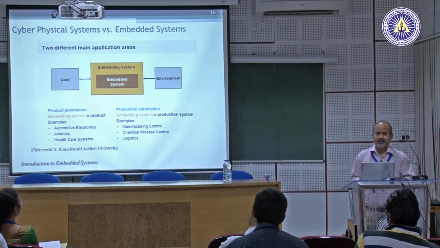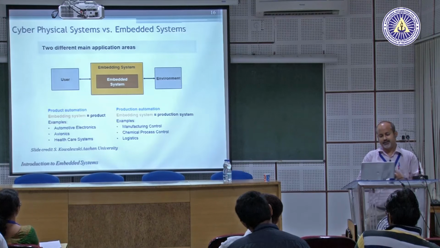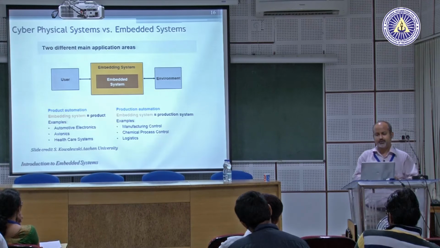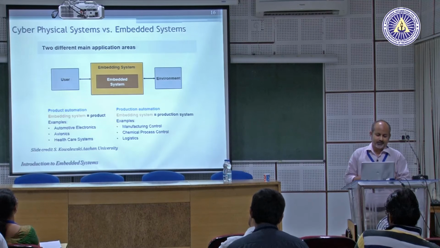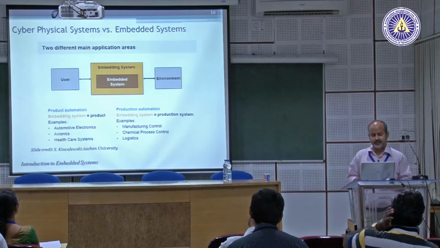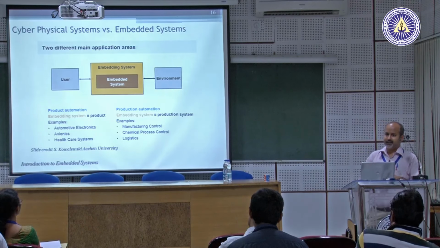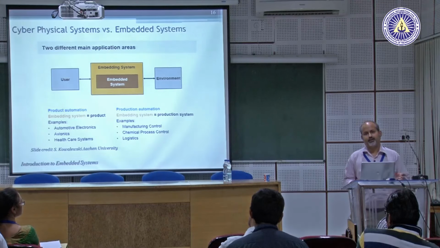So there have to be sensors sending data to a controller. The controller will send actuation signals to make sure that you decrease the speed at which the turbine is rotating, and things like that. So there are two kinds of automation here. One is called product automation, another is called production automation.